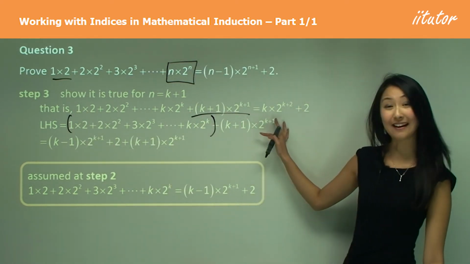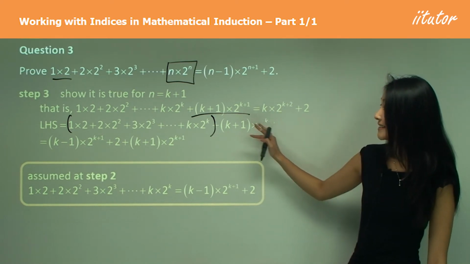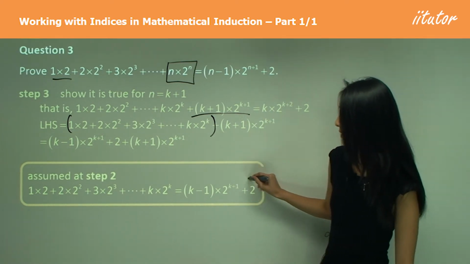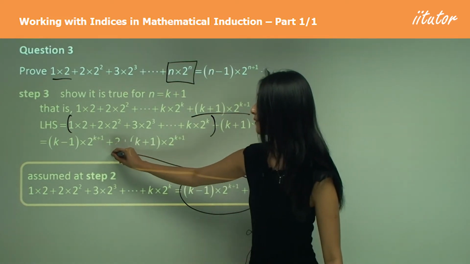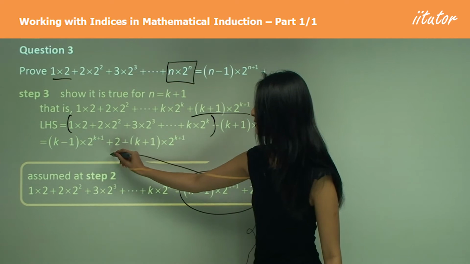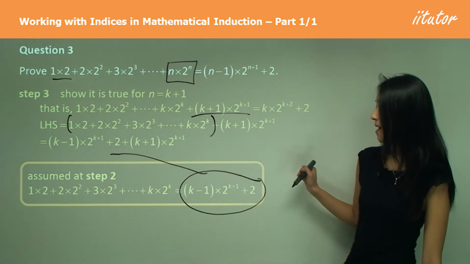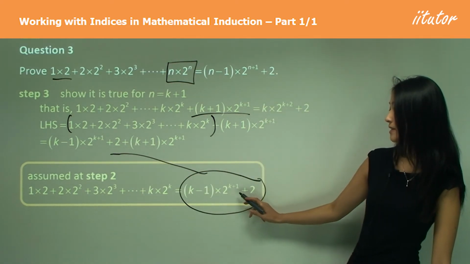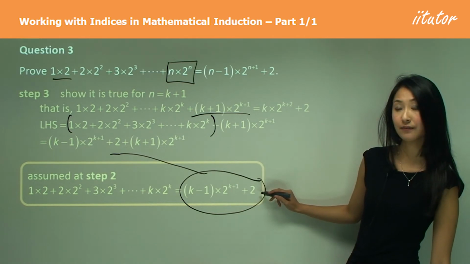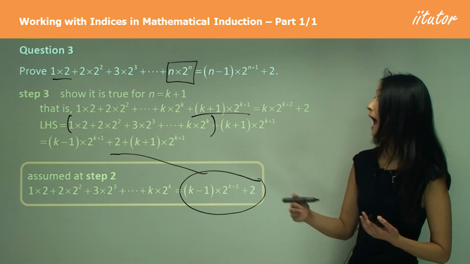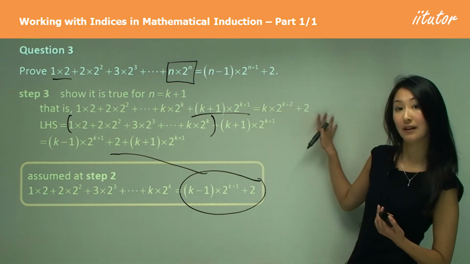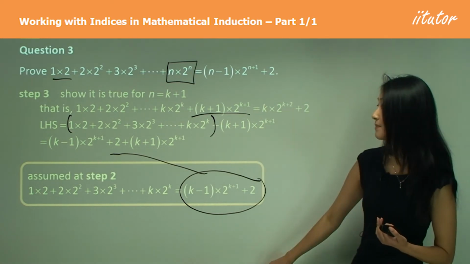Because that's before we added in the extra value. So instead of writing that, I'm just going to substitute this into here. So we have (k minus 1) times 2 to the power of k plus 1, plus 2. And remember how I told you, always keep your eye out. This is what I want it to look like. So always keep that in mind.